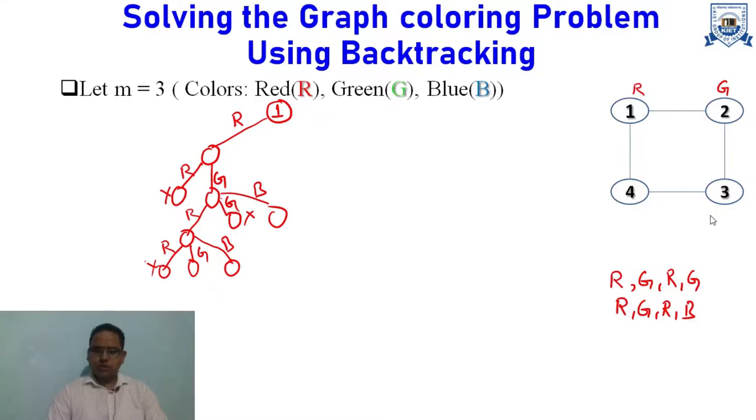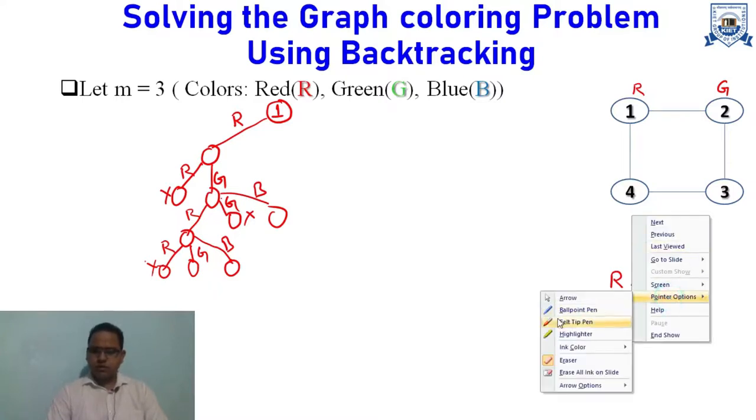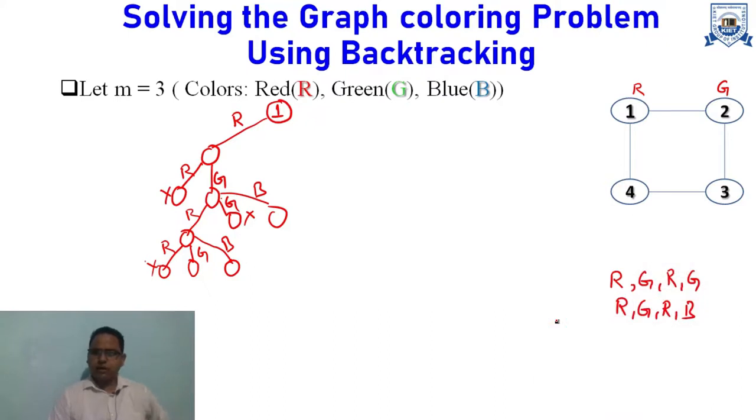So the first node is color red, the second node is color green, and we are taking the third node as blue. If you take blue, yes. Now can we color the fourth with red? No, we can't color with red because node 1 already has red color, so it violates the property.